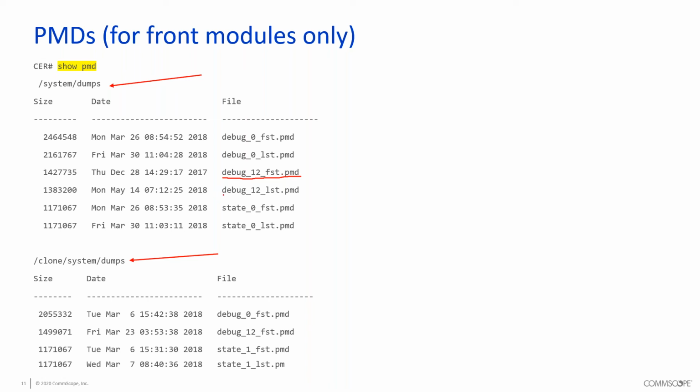However, notice the second one, which is the last or most recent PMD, and it's over 6 months later. The problem with that is we don't have any PMD files in between. So on this particular system, we've not done a very good job of cleaning up after capturing these PMDs.